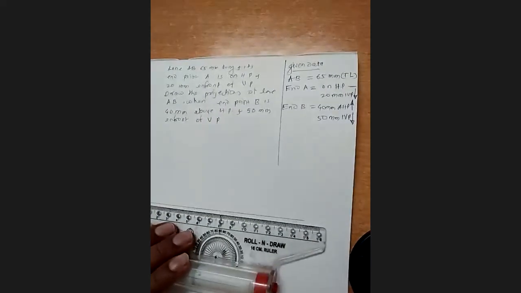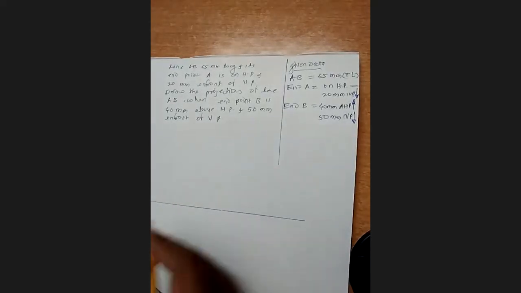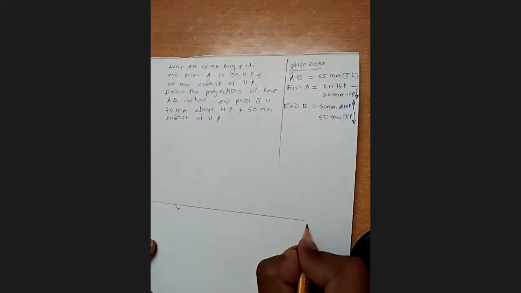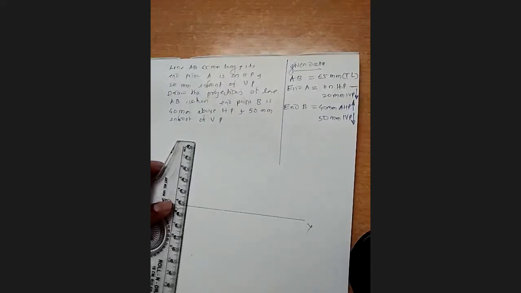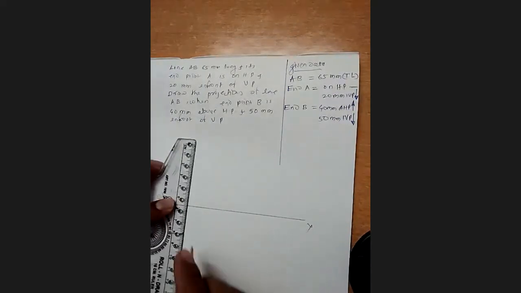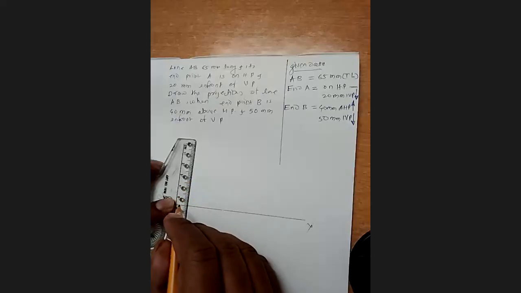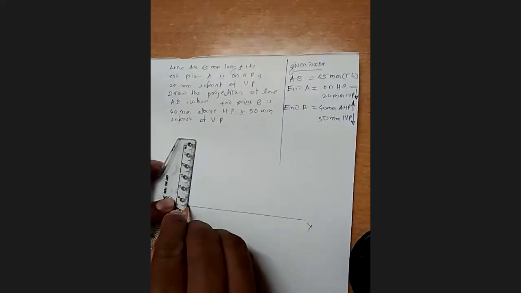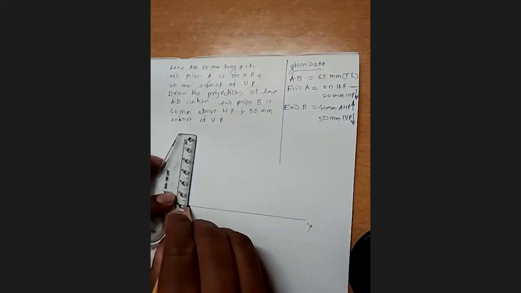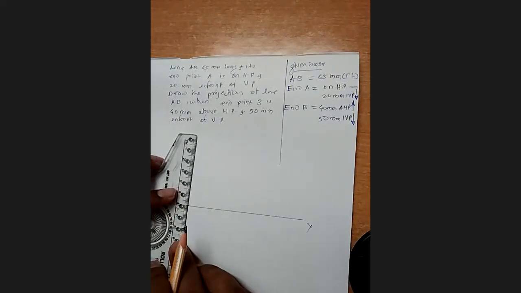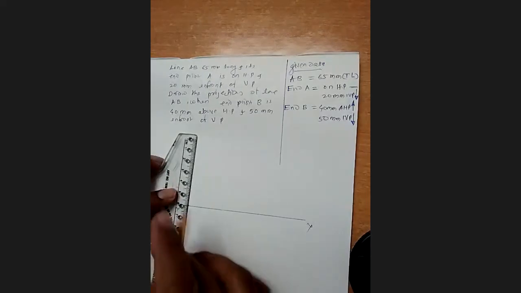This is the XY line. I will name this as the XY line. Immediately, as we discussed earlier, I will be getting one line here. So endpoint A, 20 millimeter in front of VP, and it is on HP. So what I will do, I will be taking 20 millimeter and same line.